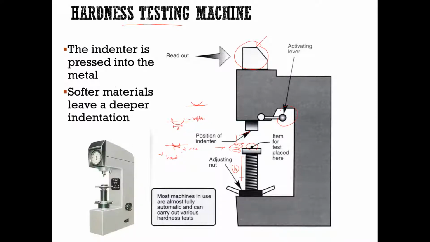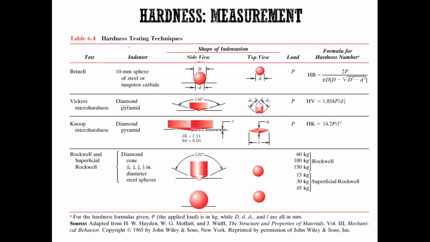Alright. So this is basically the hardness testing machine. And now we look at the types of hardness testing that we can do based on your materials and also based on the types of indenter. These are some of the techniques that I told you previously.